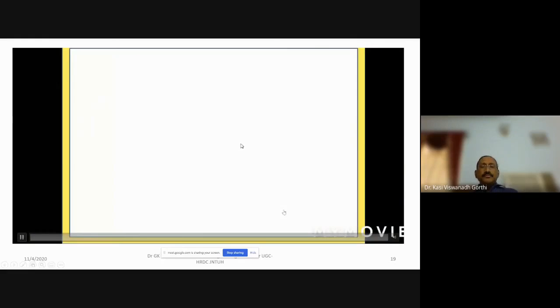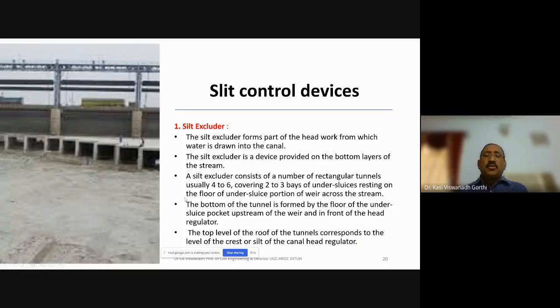Okay. So the silt excluder forms a part of the headwork from which the water is drawn into the canal. The silt excluder is a device provided in the bottom layers of the stream. A silt excluder consists of a number of rectangular tunnels, usually 4 to 6, covering 2 to 3 bays of the undersluices resting on the floor of the undersluice portion of the weir across the stream.